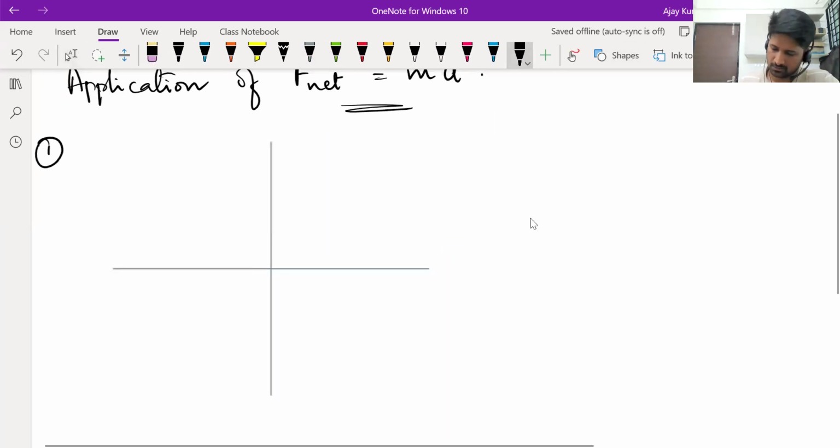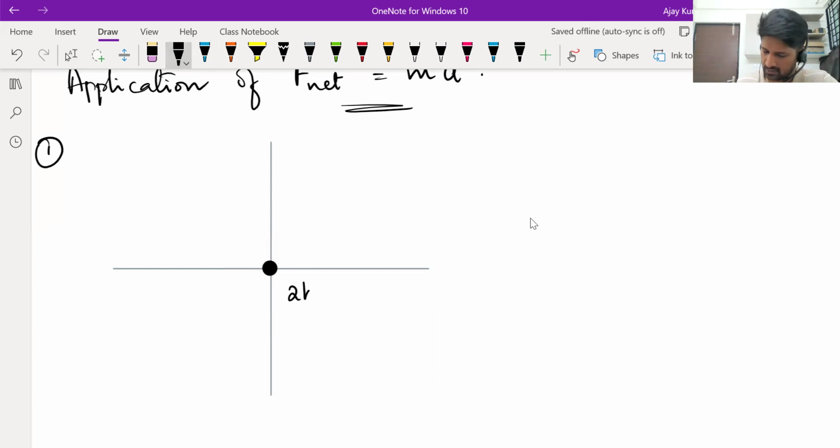Suppose there's an object on which multiple forces are acting. Let's say the mass of the object is 2 kg. Assume there's one force acting on it this way, 10 Newton. Another force acting on it this way, 10 Newton.